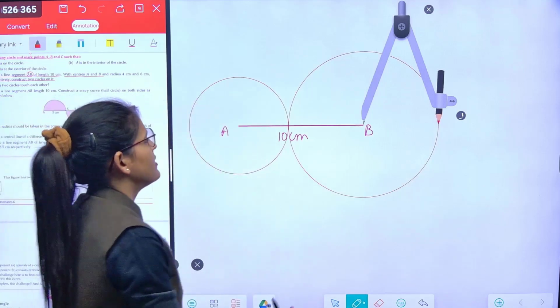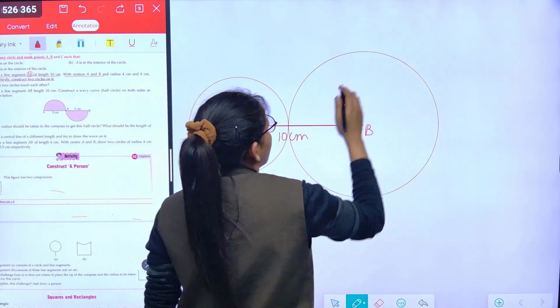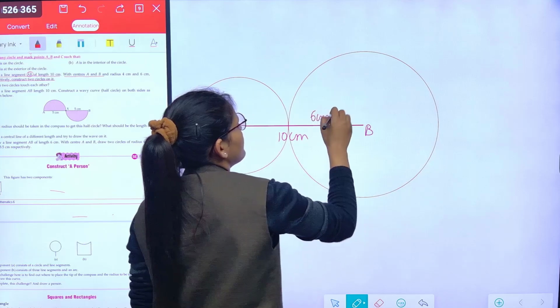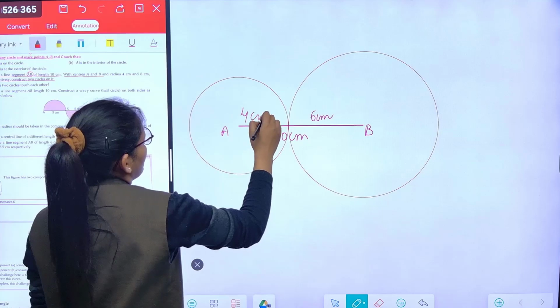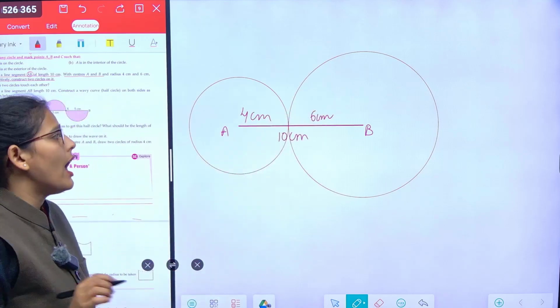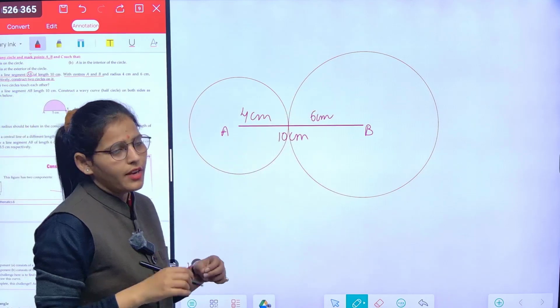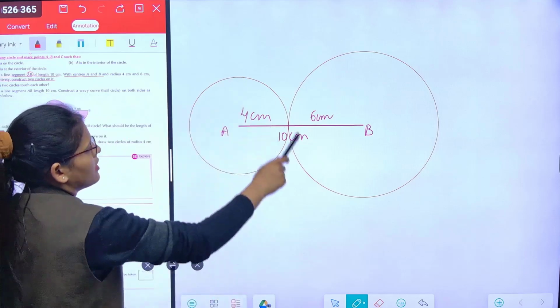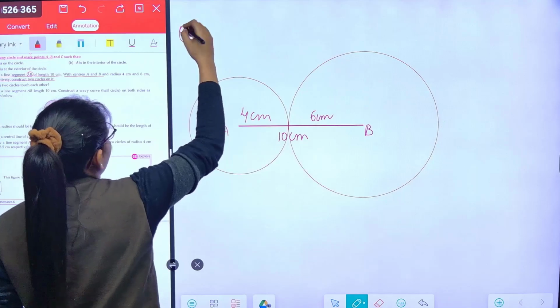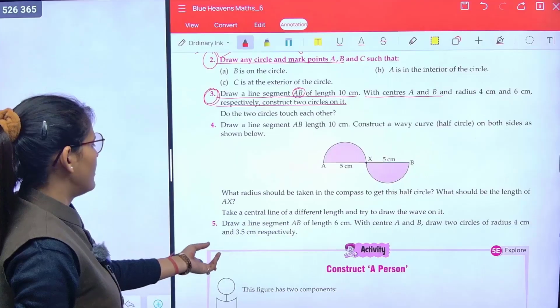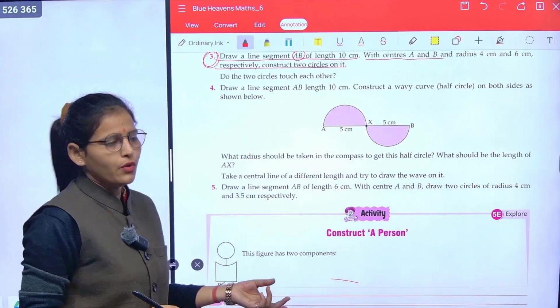Now class, this is radius 6 centimeter. Understand? This is 4 centimeter and this is 6 centimeter. I hope you all have understood very well how to construct the circle. Understand class? This is the question number 3. Now class, rest of the questions do yourself.